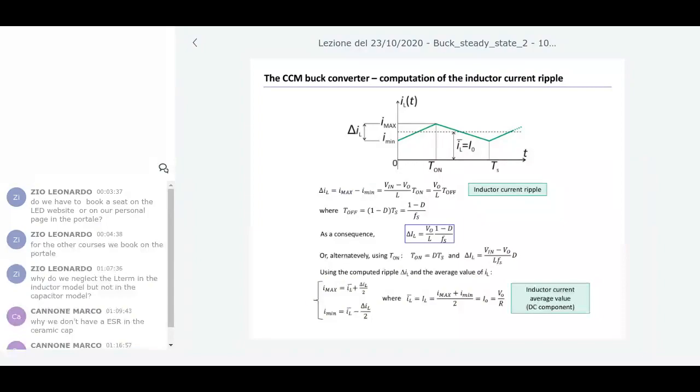So please do come if you really want to follow this practical experience, which will be very important for people who would like to gain some insight into real practical converter operation.